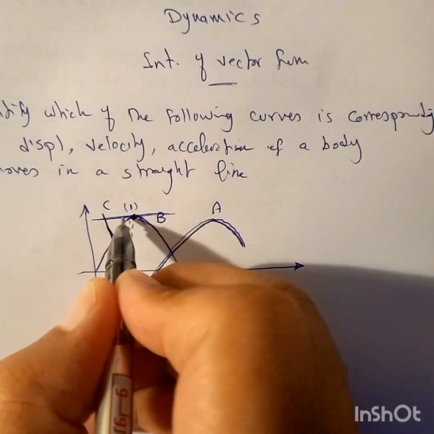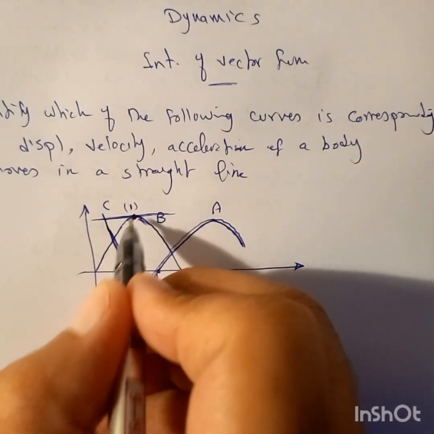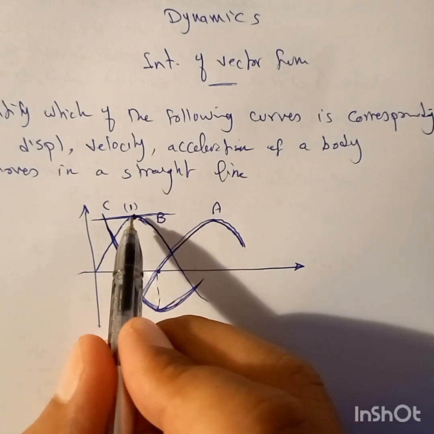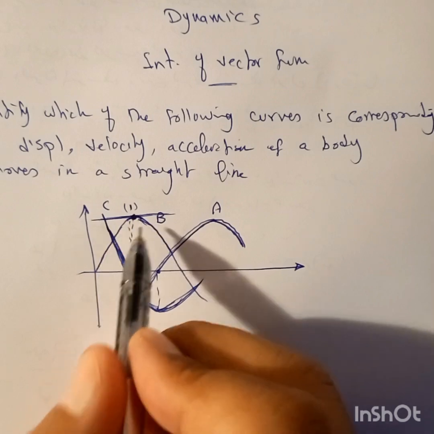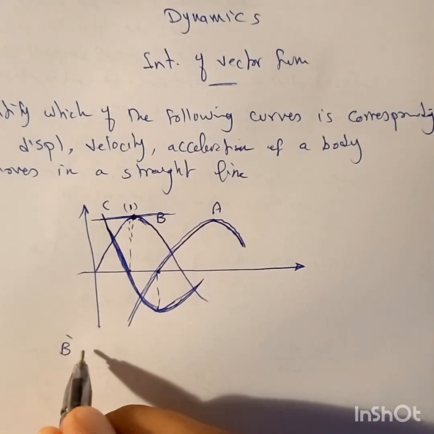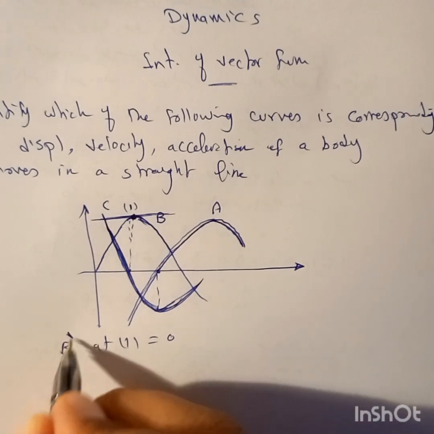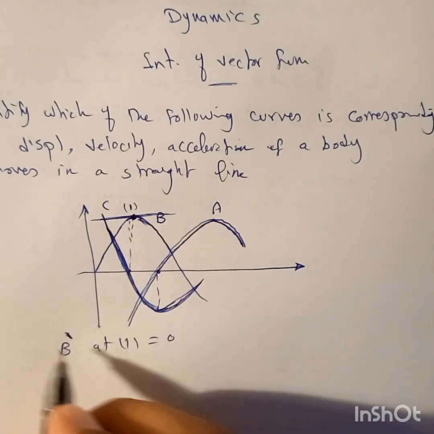The slope of the tangent at point 1 is 0 as it's parallel to the x-axis. As you know, the slope of this tangent is the first derivative of this curve. Then we have b dash at point 1 equals 0.